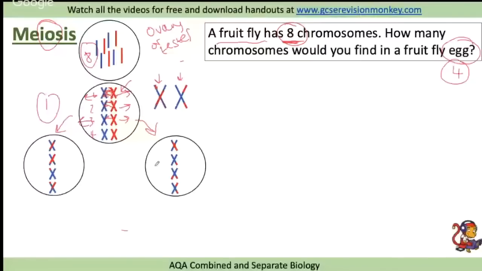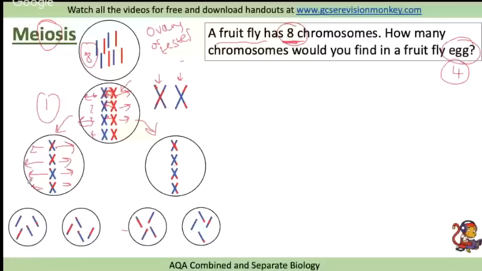Then we have a second division whereby these chromosomes pull apart, pull to the edges of the cell like so, and you end up with 4 gametes at the end of it. So you can see here we started with 8 at the top and now we've got 4 at the bottom. They are all different, okay, so they contain variation here. They're not the same chromosomes in each one, so they're not identical to each other.